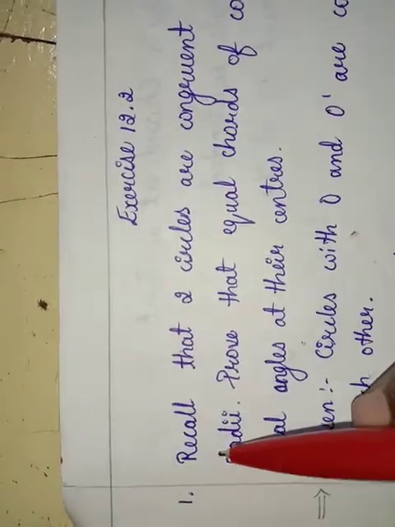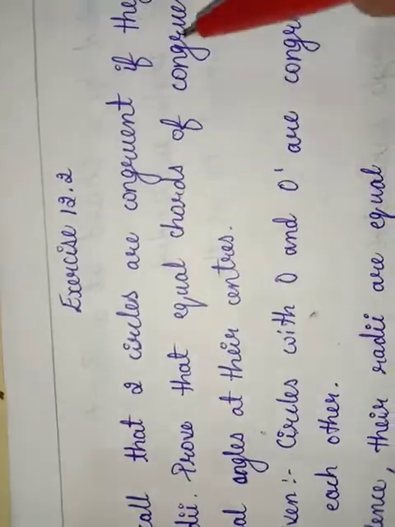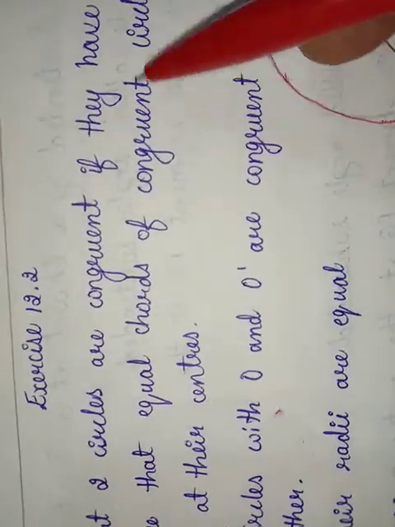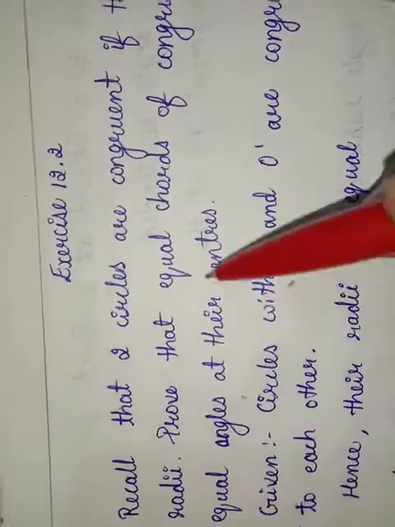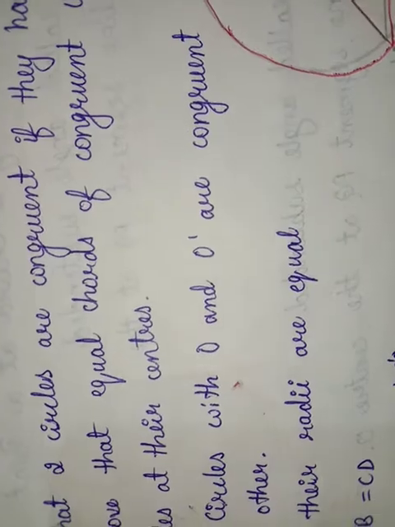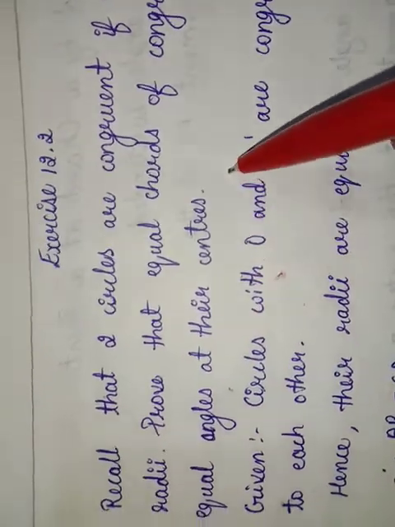Next, exercise 12.2. Here, recall that two circles are congruent if they have the same radii. Prove that equal chords of congruent circles subtend equal angles at their centers.